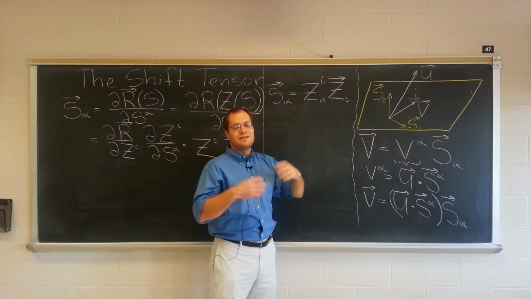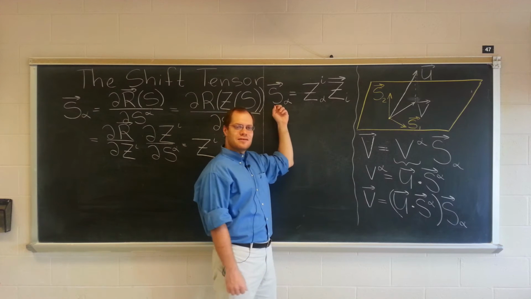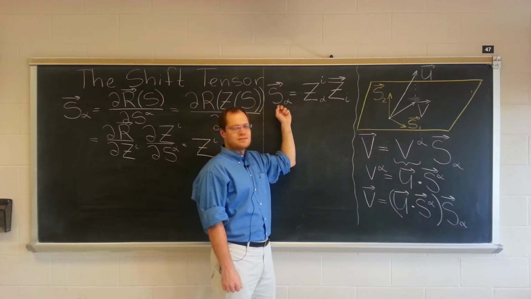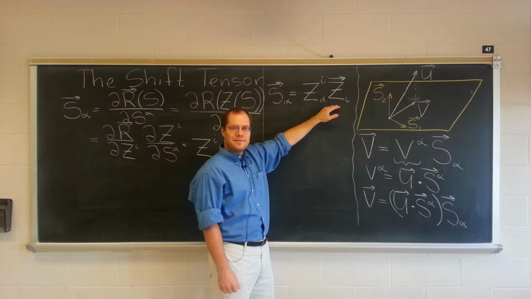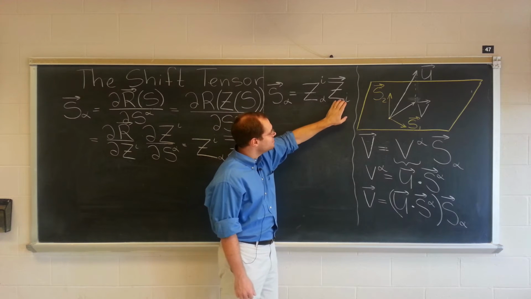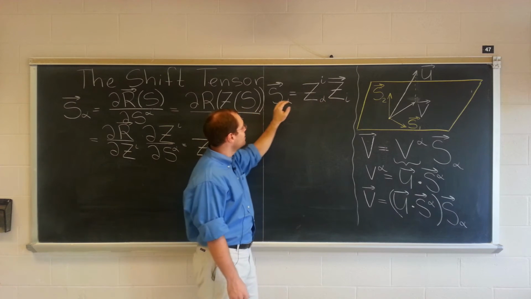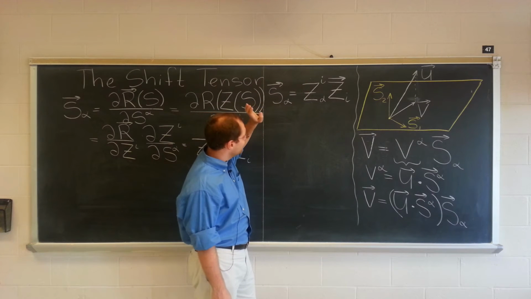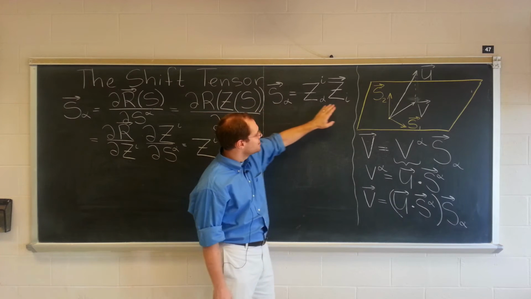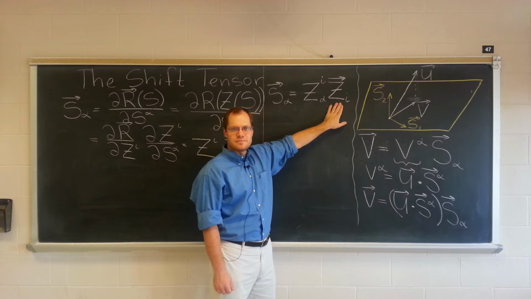But anything not in the plane cannot be expressed in terms of the surface basis. So this can only work one way. It is not possible to express the ambient vectors in terms of the surface vectors. But it is very easy to express the surface vectors in terms of the ambient vectors.